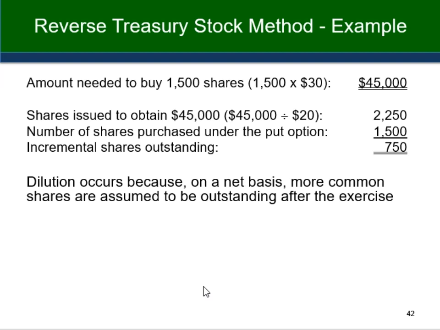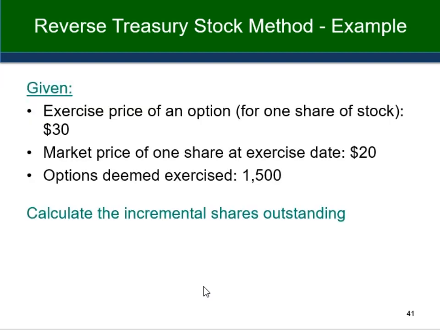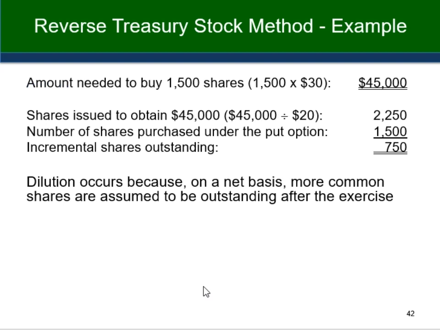Now the shares are actually at the market price of $20. So we need to pretend to issue those additional shares. So for $45,000 worth of shares at $20 each, that's 2,250 new shares we have to issue in order to satisfy the put option requirements.